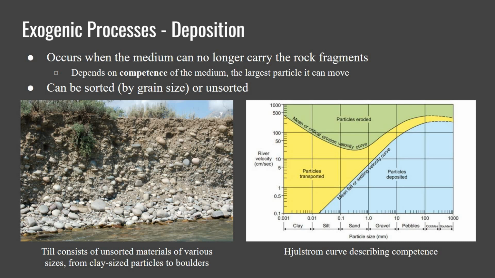And certain mediums, like wind and water, do sort grains based on grain size, because different grains will drop out at different speeds, as we talked about in the water workshop. In the case of ice, because it just melts and drops everything, you get till deposits, which are deposited directly by ice and are unsorted materials of various sizes, anything from clay-sized particles to boulders.